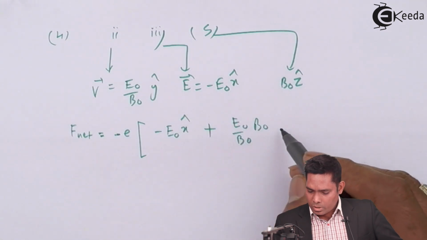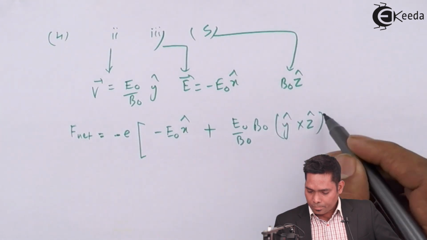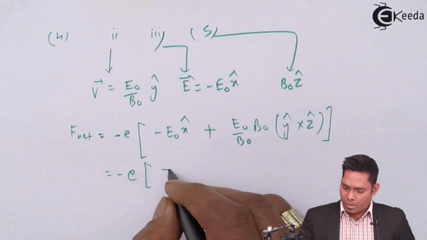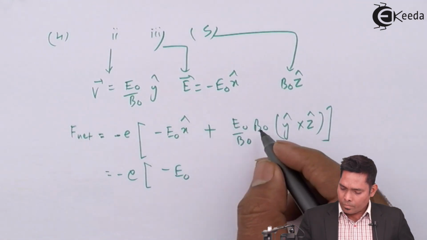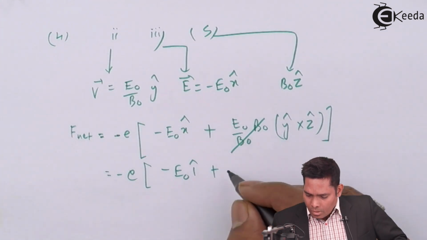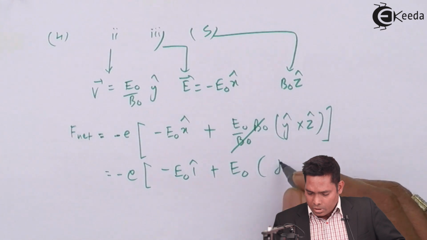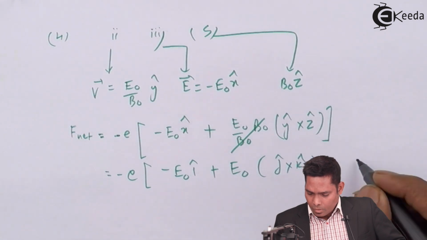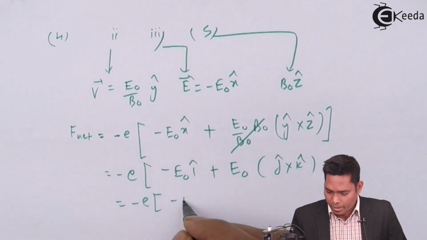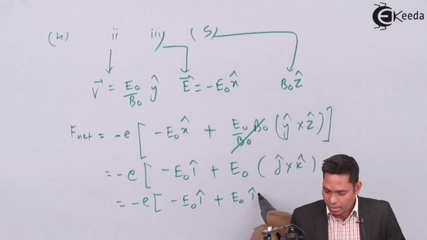V cross B, so it is y cap and z cap. This is minus E, and this becomes minus E naught. This cancels. X cap is I cap, and this is E naught y cross z, that is j cross k. J cross k is I, so this becomes minus E naught I cap plus E naught I cap.